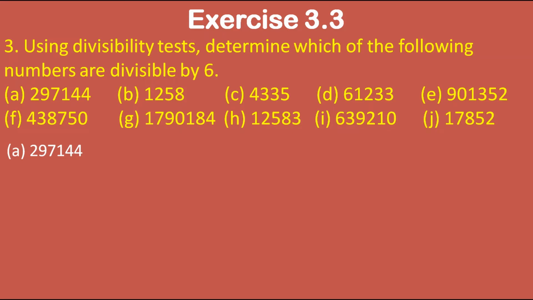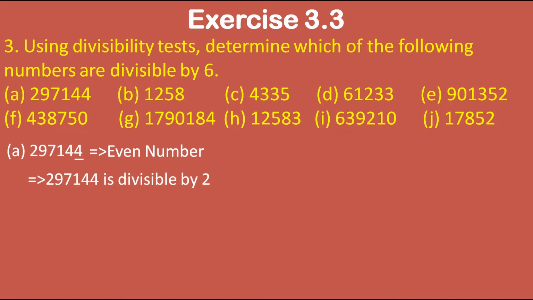Okay. So let's take the first number, that is 2,97,144. To check whether this number is divisible by 2, we have to check the last digit, that is 4, and that is an even number, therefore the number is divisible by 2, because even numbers are divisible by 2. Okay. Now for 3, we have to find the sum of the digits, and if the sum of the digits is a multiple of 3, then that number is divisible by 3.